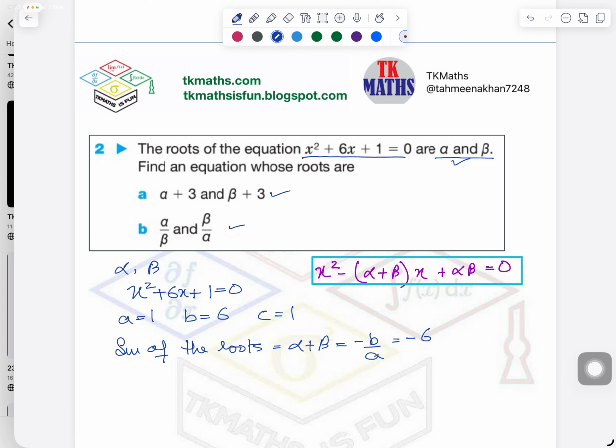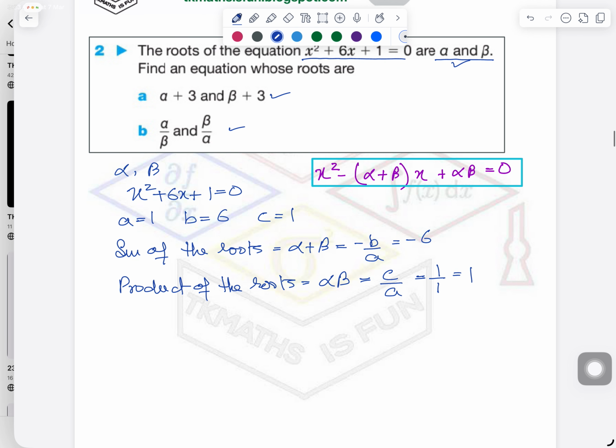So we don't write 1. And the product of the roots, alpha times beta, equals c over a, which is equal to 1 over 1. So we will write it as 1. So now let's go to part 1.